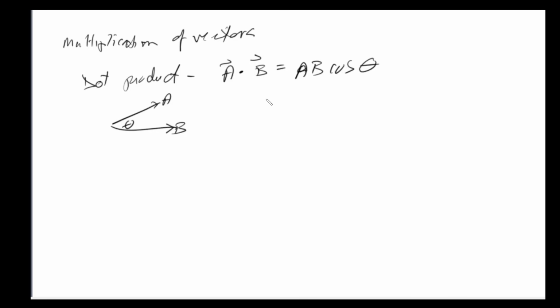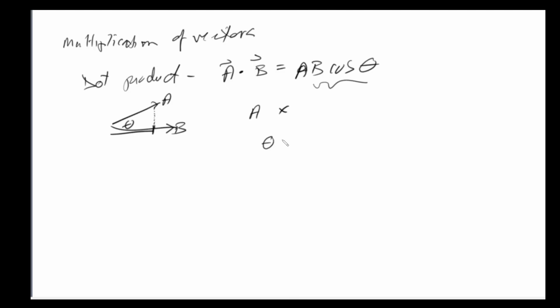Basically, what you're doing is multiplying A times the component of A that is in the direction of B. So you would drop this down to B, and that would be B cosine theta. This is the component of A that falls along and is in the same direction as vector B.